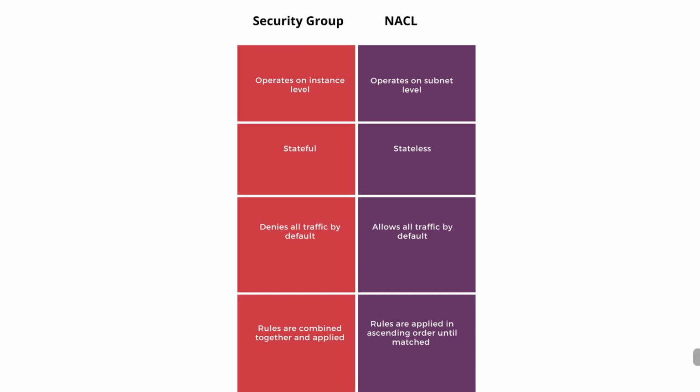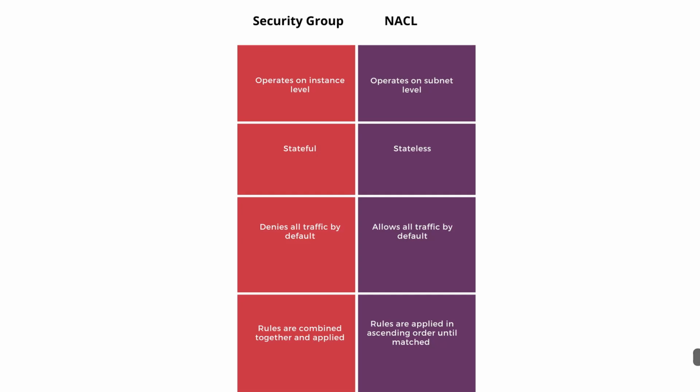Stateful means when we allow the inbound rule, it's automatically allowed in the outbound rule. But in stateless, we have to allow both the inbound and the outbound rule.